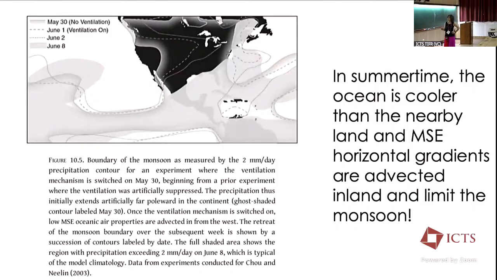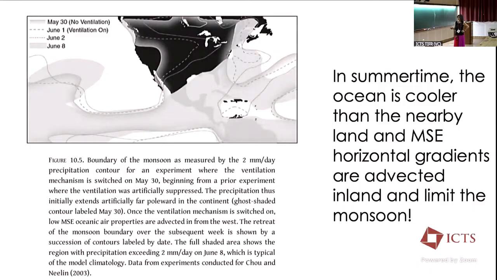At May 30, this is a time where you can look at precipitation in the North American monsoon and ask, without ventilation, what would it look like? And here's the contour. It goes all the way into Canada. Then they start the ventilation, and that brings the contour down.